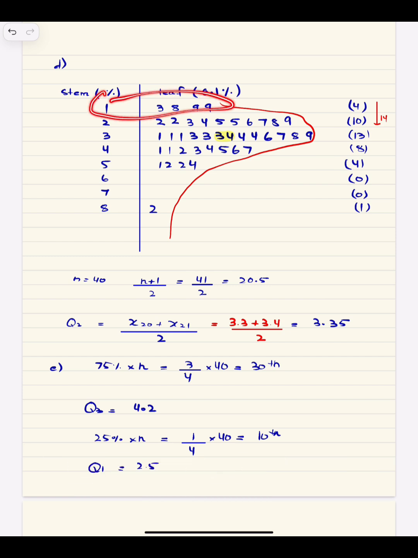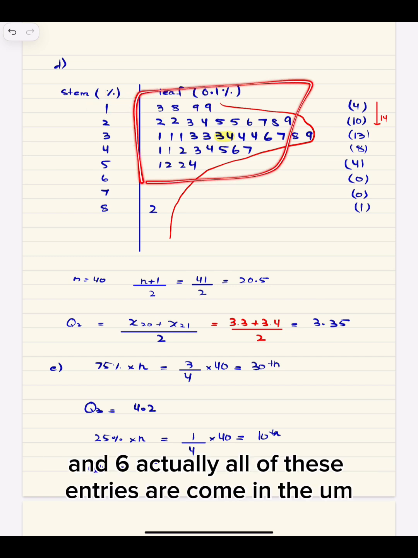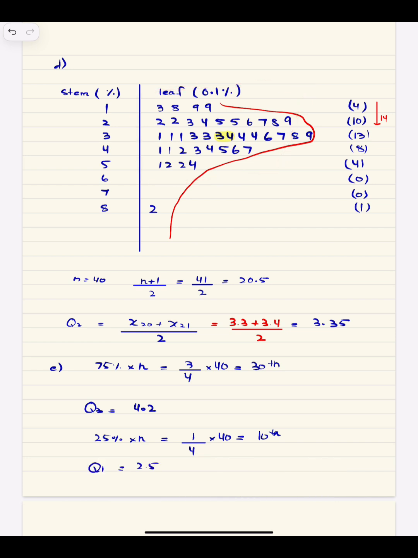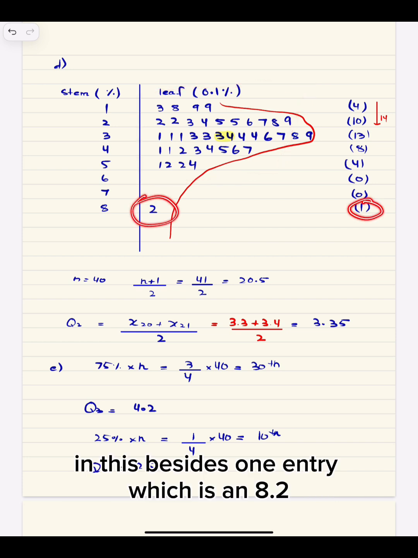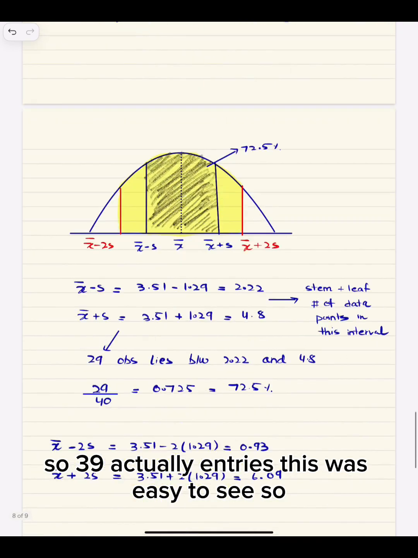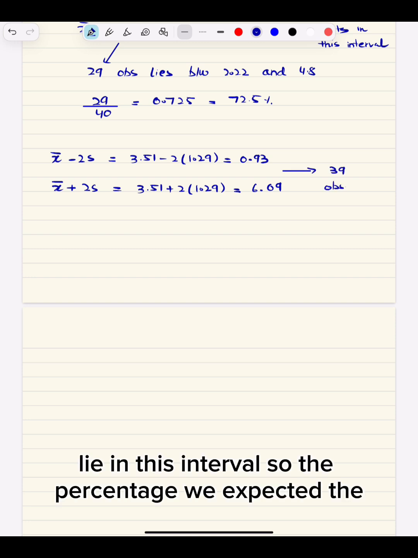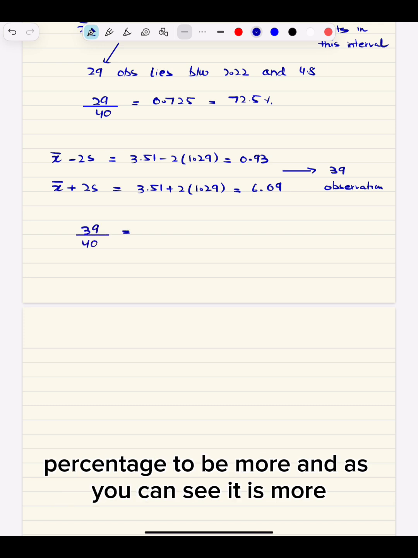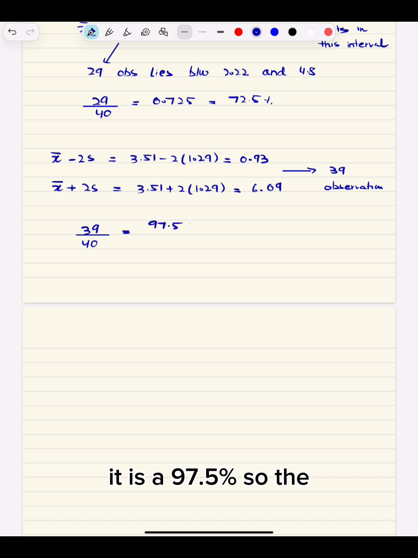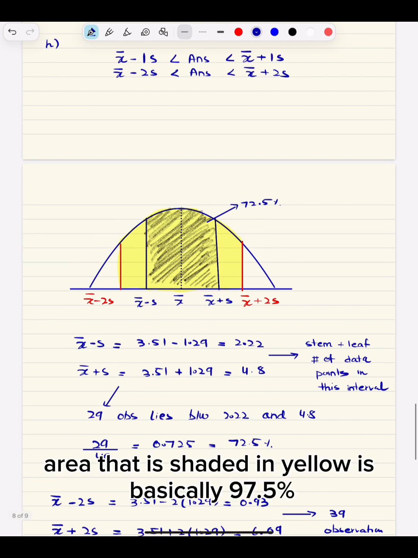Actually all of these entries come in this range, besides one entry which is an 8.2. So 39 entries. This was easy to see. So 39 observations lie in this interval. We expected the percentage to be more, and as you can see, it is more. It is 97.5%. So the area that is shaded in yellow is basically 97.5%.